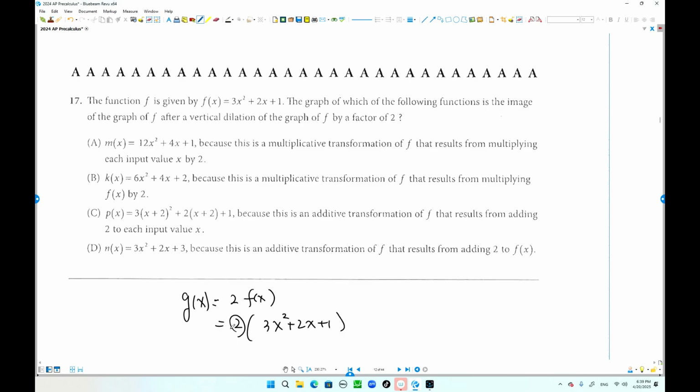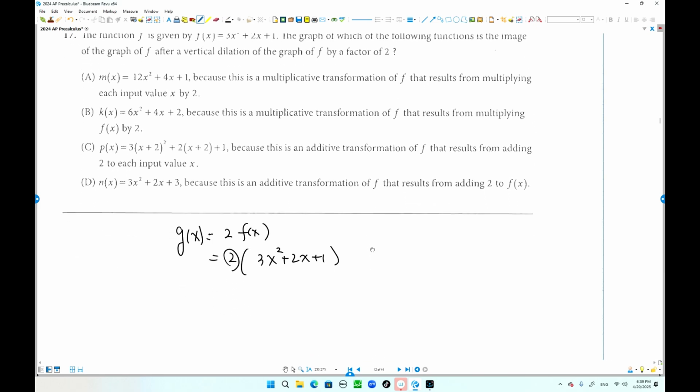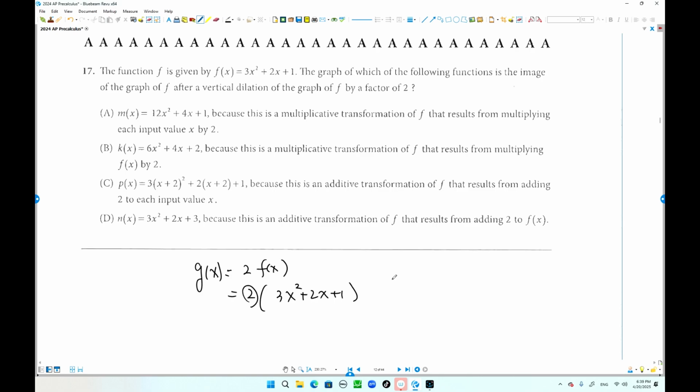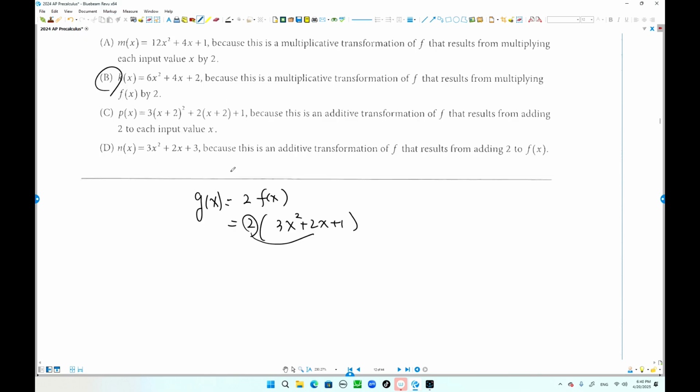And that is a vertical stretch. Sometimes we say dilation factor, or dilation by factor 2, that is okay. So when you multiply, which one is the answer over here, right? 6x squared plus 4x plus 2. Option B is the answer, okay?